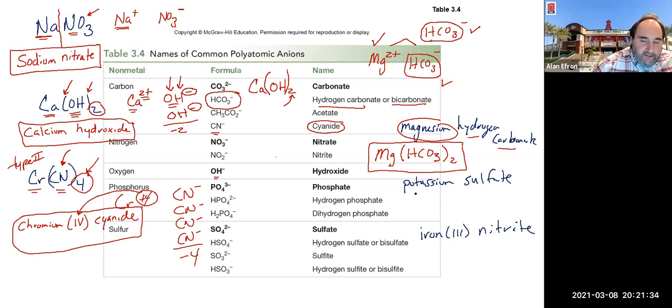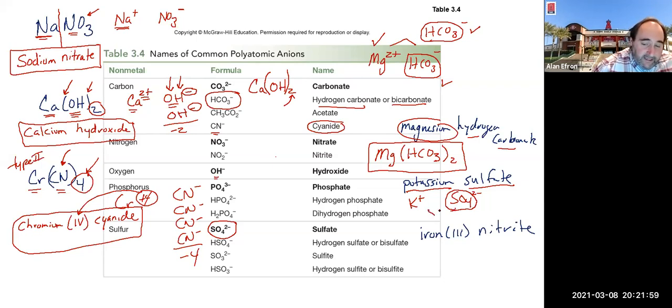Looking at the last 2 here, potassium again is group 1, which means I got a K+. Sulfate, I would think it would be on here. It's not on this. Yes, it is right there. Sulfate right there. That is SO4 2-. Again, that entire thing has a -2 charge.